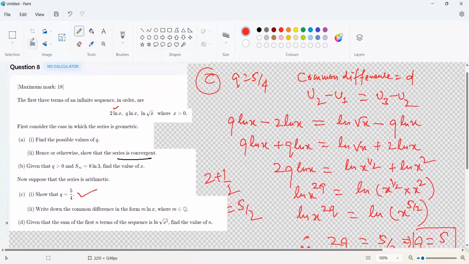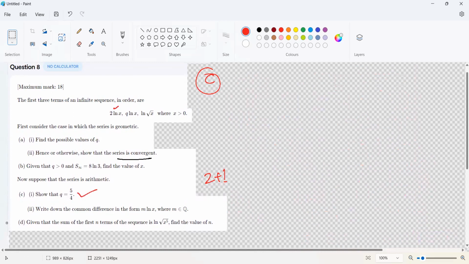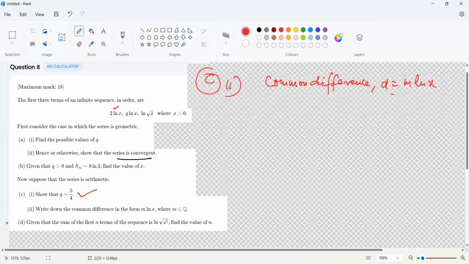Coming to part C, part 2. The common difference should be, that is, d equal to m ln x.